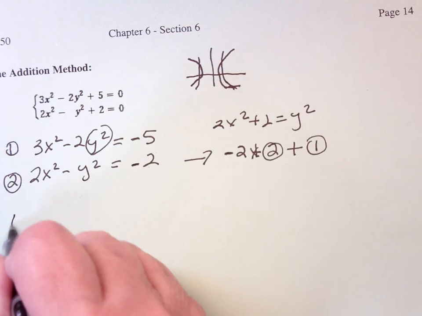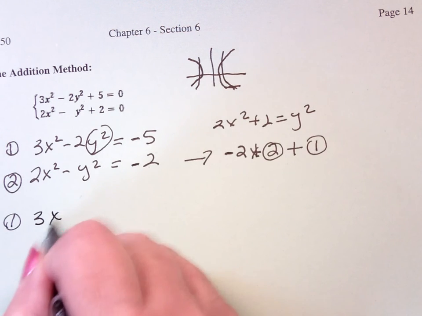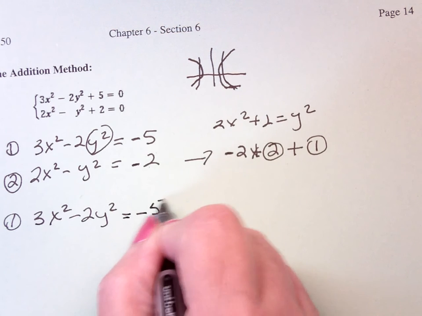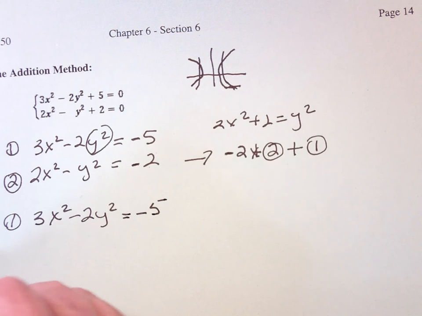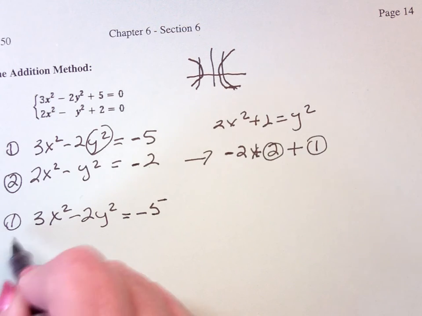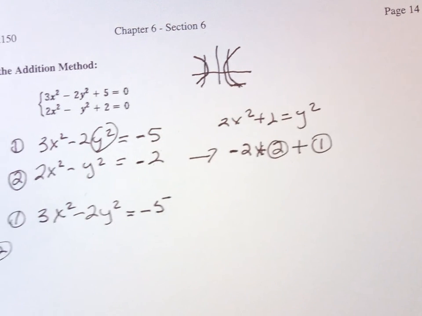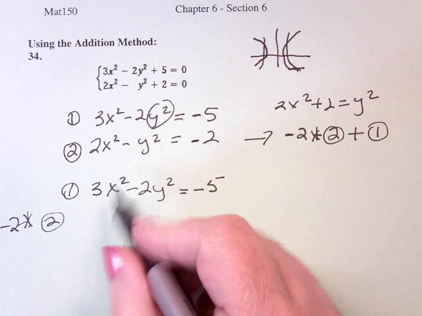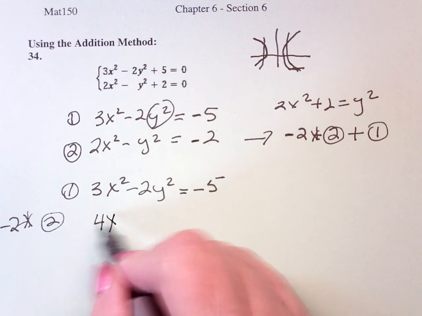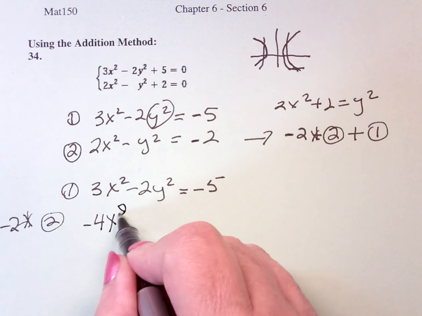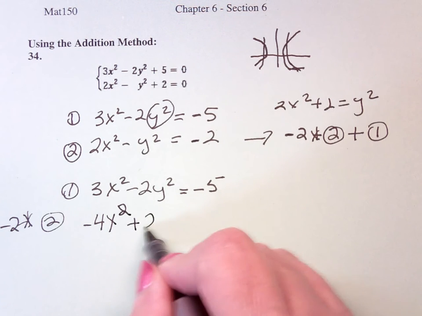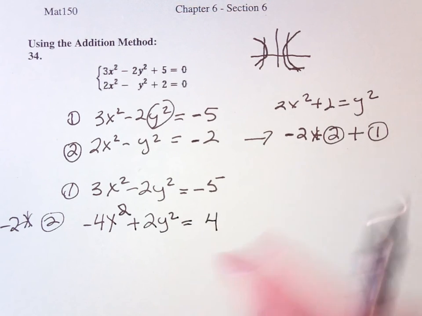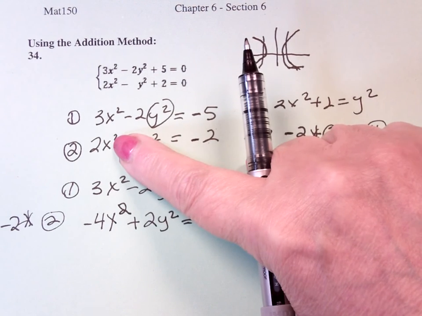So I'm going to take equation 1, which is 3x squared plus 2y squared equals negative 5. And then I'm going to take negative 2 times equation 2. Negative 2 times equation 2 would give me negative 4x squared plus 2y squared equals positive 4, and I need to cross-check this because I was hesitant.